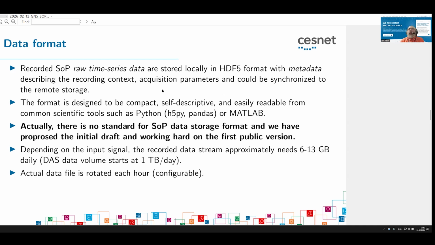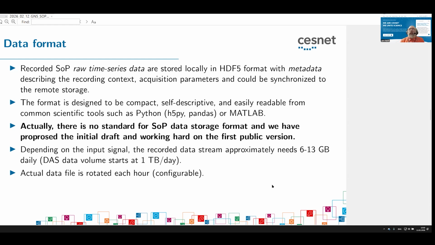Because everything was done by the CESNET guys of this team, it is really compact, self-descriptive, and you can read it without any problems using Python or MATLAB. What is really interesting, because there is no standard for SOP data storage, we really work hard on this. There is some initial draft, and we definitely hope to publish something, of course, for discussion.